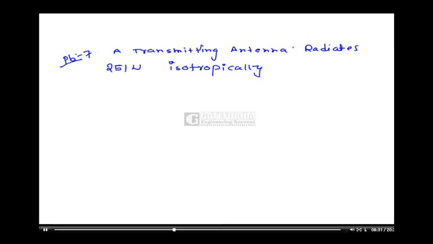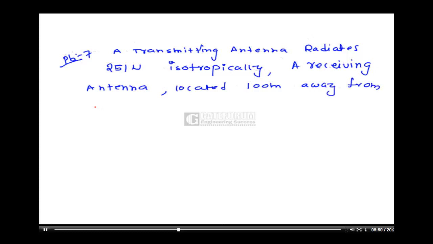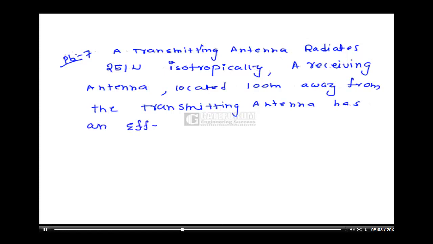A receiving antenna located 100 meters away from the transmitting antenna has an effective aperture of 500 centimeters square.